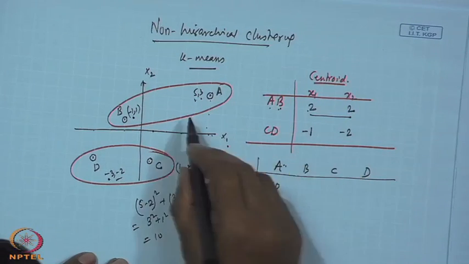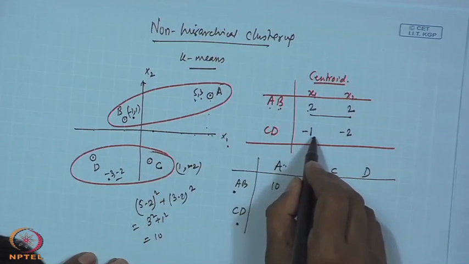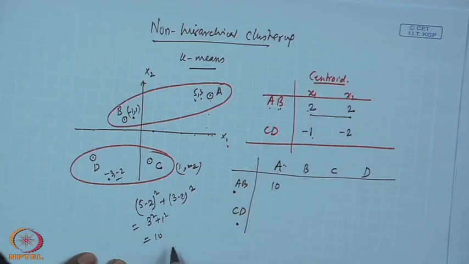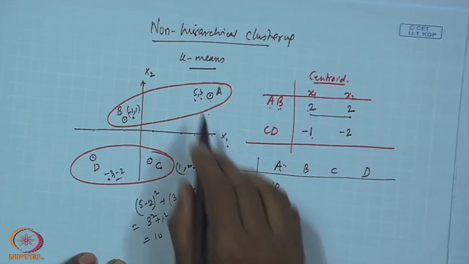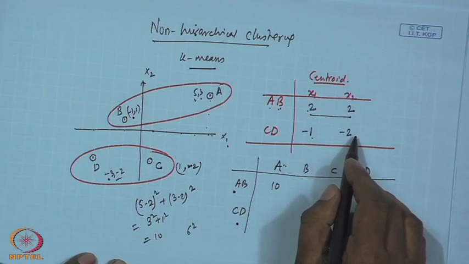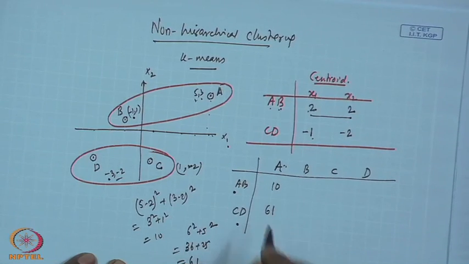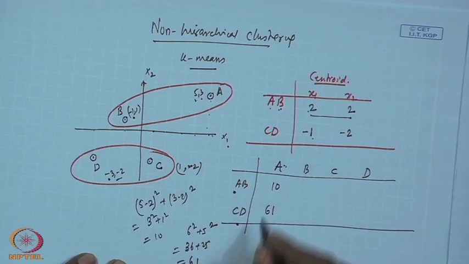Now if I want this, then 5 minus minus 1, that is 6. So 6 square, and 3 minus minus 2, that means plus 5 square. So this is 36 plus 25, that one is 61. Then you compare which one is higher, CD is higher.